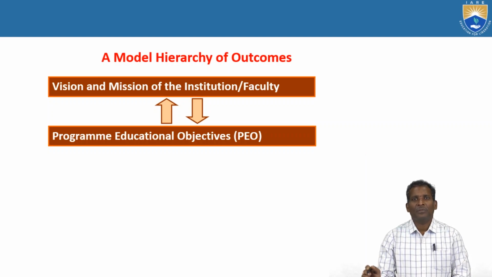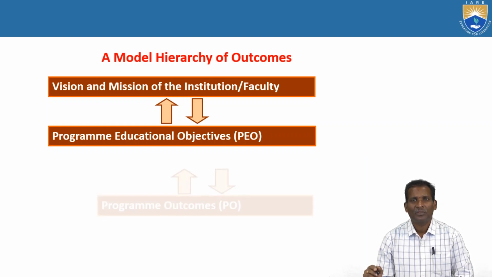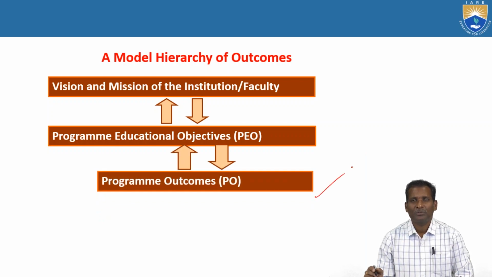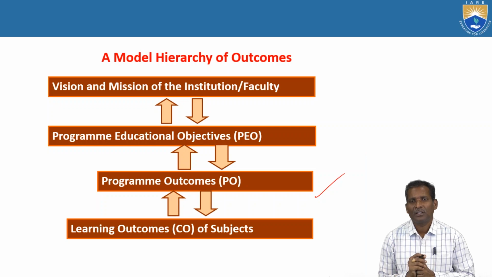This vision and mission of the institution or faculty can also define their individual vision and mission and PEOs. These two are long-term outcomes. Next are program outcomes, POs, and then the learning outcomes of the particular subject, COs, course outcomes.